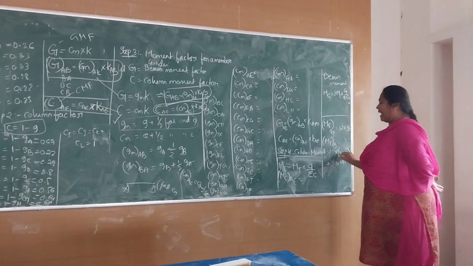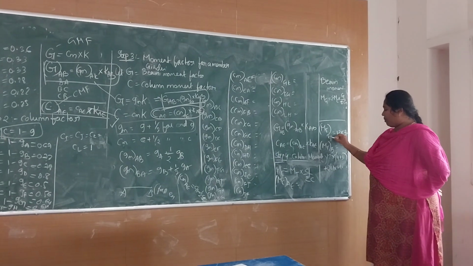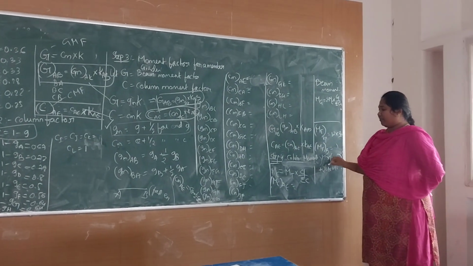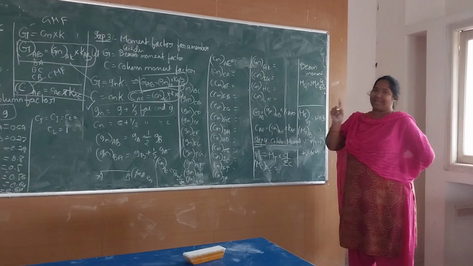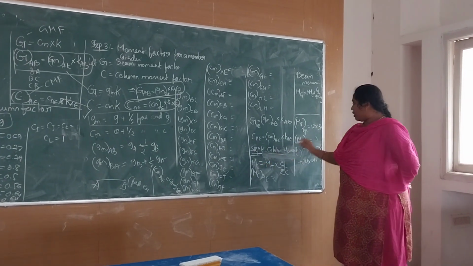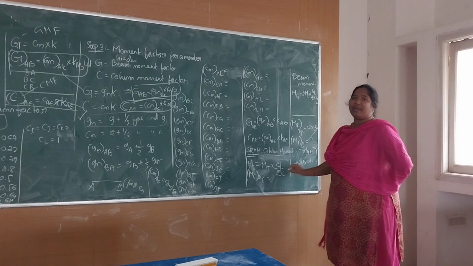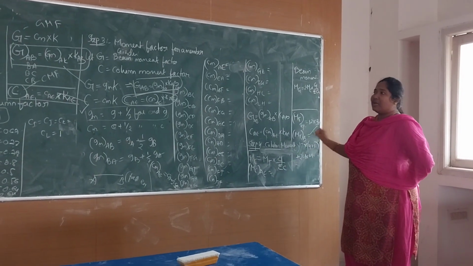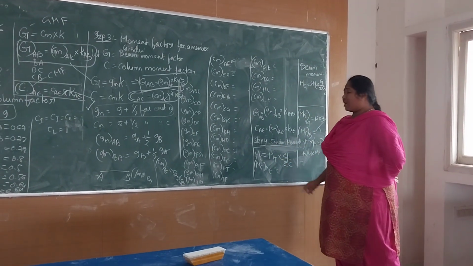So these are the values of MT for the top floor and MT for the bottom floor. Suppose you want to calculate column movement for the top floor, use this value. For the bottom movement, use this value. Clear?